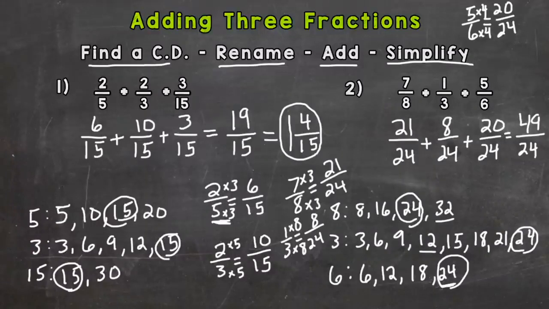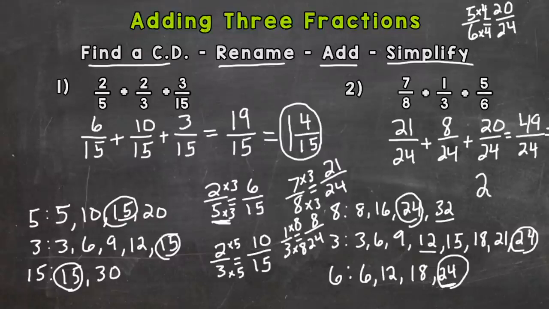Now, just like number 1, we got an answer that's over 1 whole. We got an improper fraction. So we need to convert it to a mixed number, or simplify it to a mixed number. So I'll put my equal sign here. So we need to see how many 24s can be pulled out of 49. We need to divide 49 by 24. And the answer to that is 2. 2 whole.